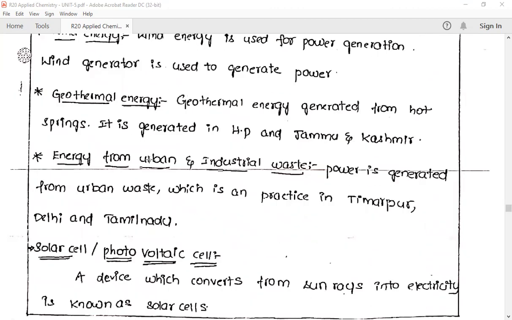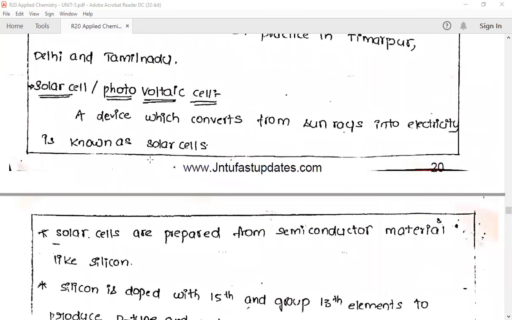The first one is solar energy. The common renewable energy resource is the radiation energy which comes from the sun, also known as solar energy.